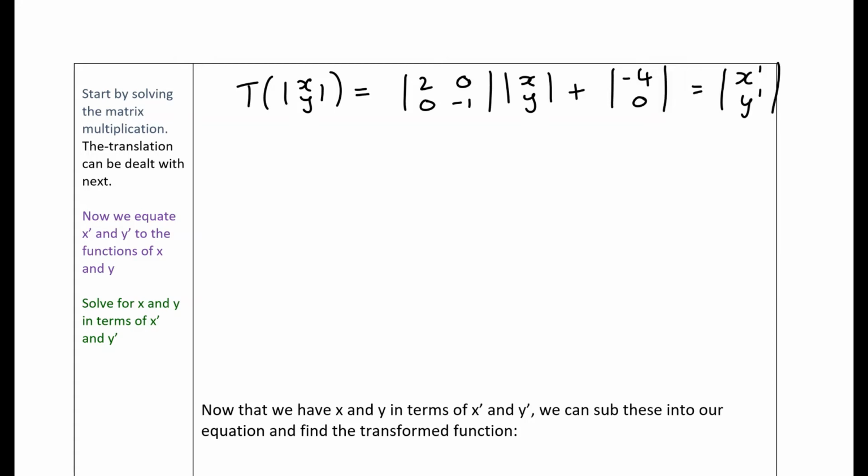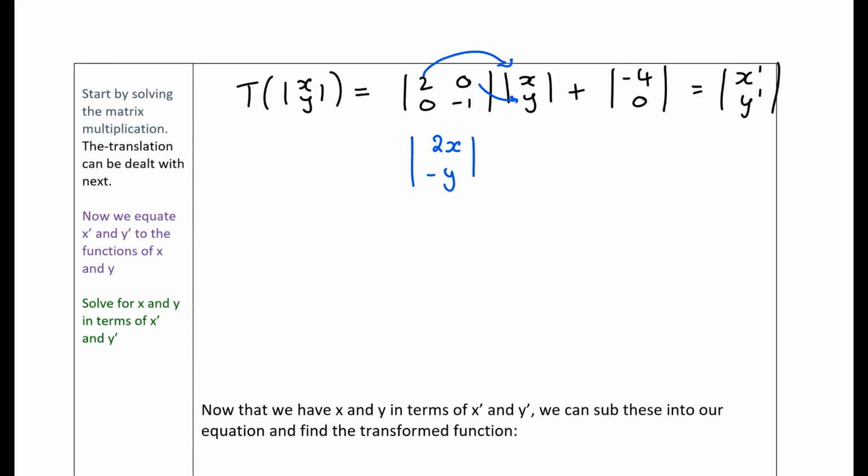Well, when I multiply the top row by the first column, I'll have 2 times x plus 0y. So this matrix will be 2x. If I multiply the bottom row, 0 times x disappears, -1 times y becomes -y.